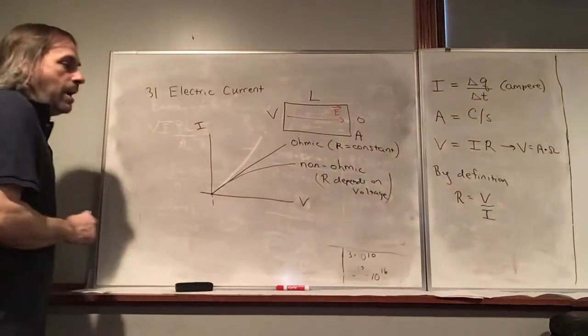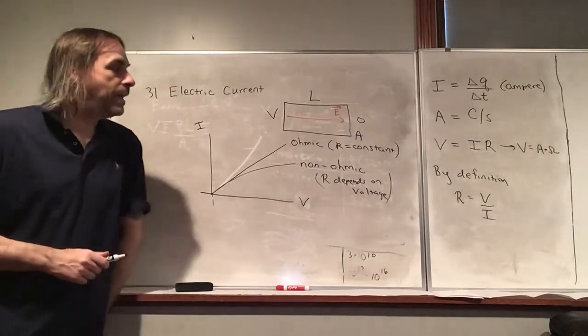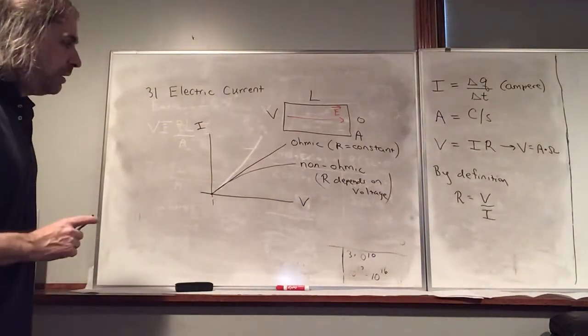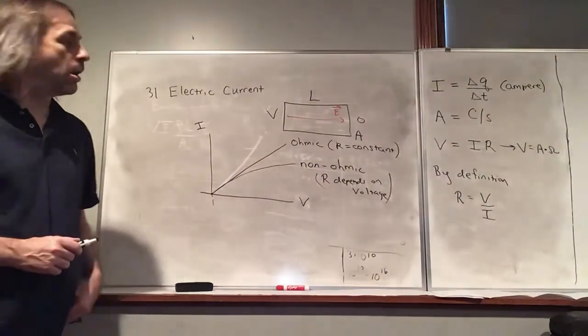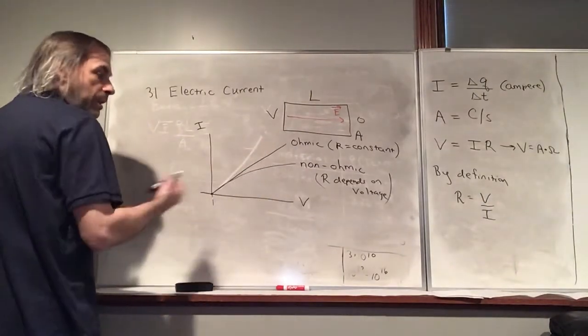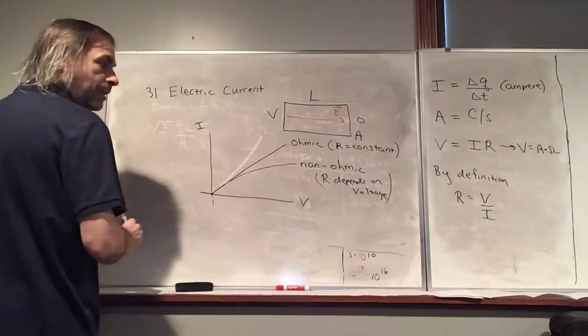Like on this, if we define the resistance as the voltage over the current, then on this graph, the slope would give us 1 over R. And so here, if we have a line, we have a constant slope, that means a constant resistance.